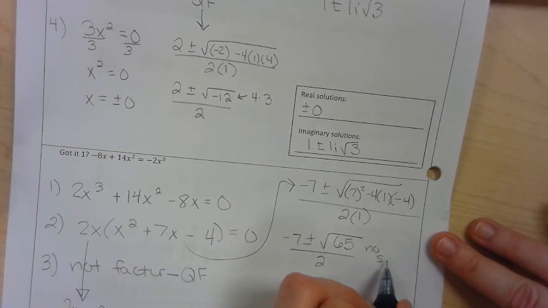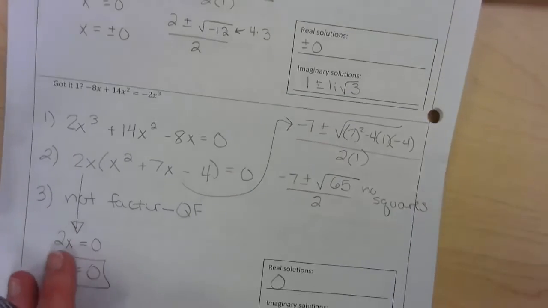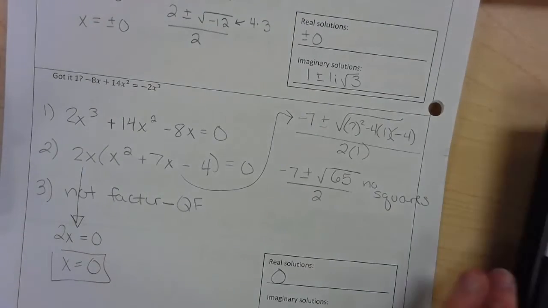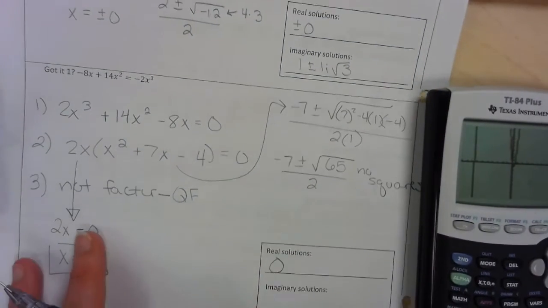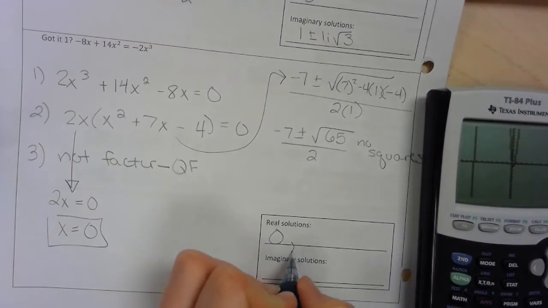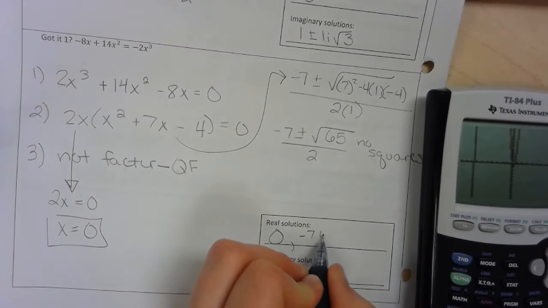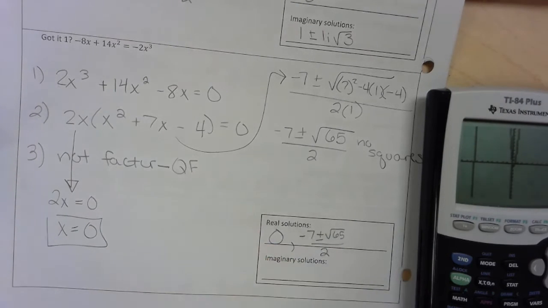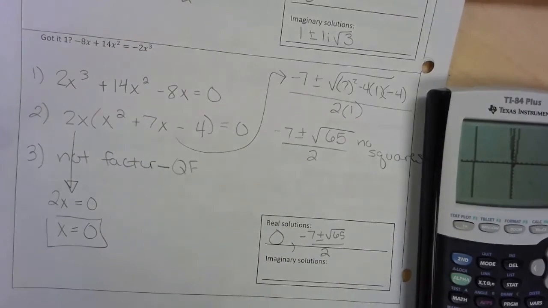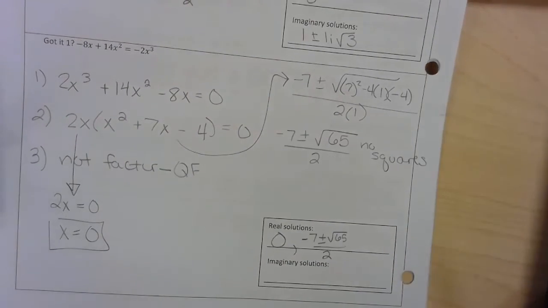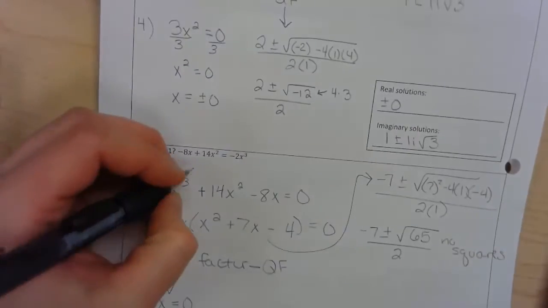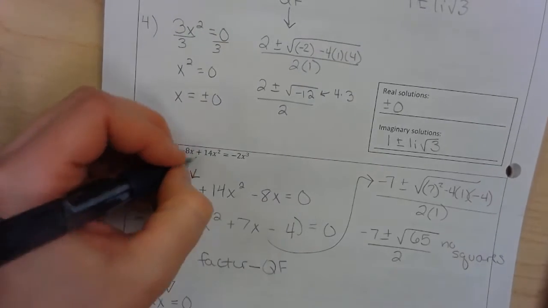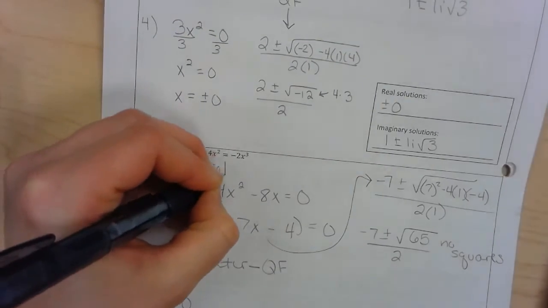There are no squares inside of 65. So these are your other two answers. And where the graph is crossing, those must be the decimal forms of my answer. So my other two answers are -7 plus the square root of 65 over 2 and -7 minus the square root of 65 all over 2. There are no imaginary solutions. And you should have recognized right here, please point at the exponent of 3, it should have had 3 solutions.